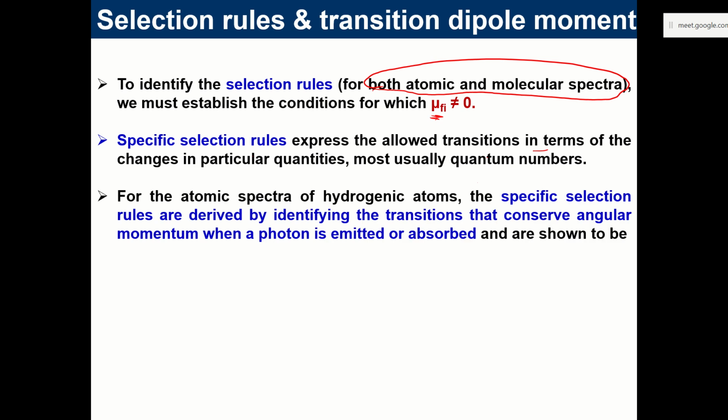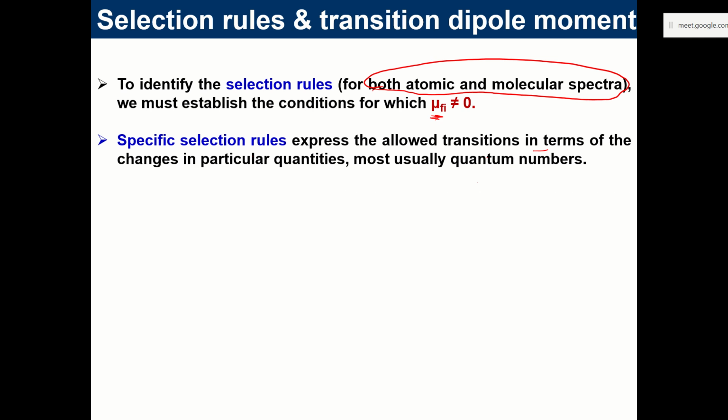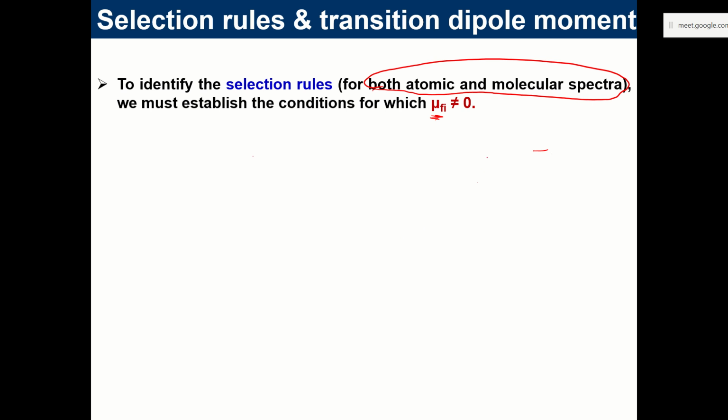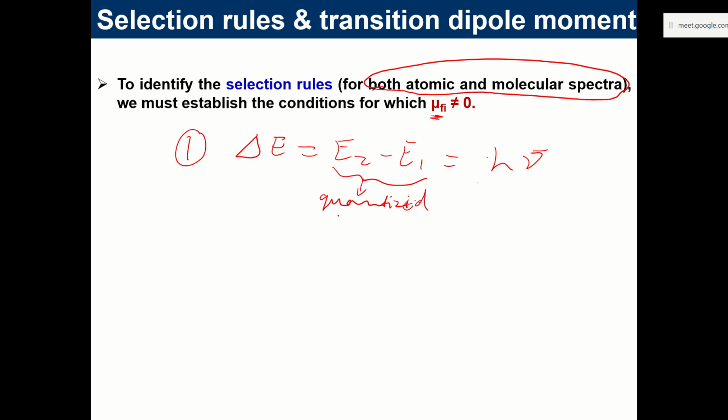So once you understand these things, there are two parts. The energy match: delta E, the energy gap, which was E2 minus E1, must be equal to h nu. So the energy gap of the quantized energy levels and the energy of the light wave must be matched.